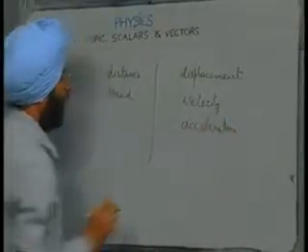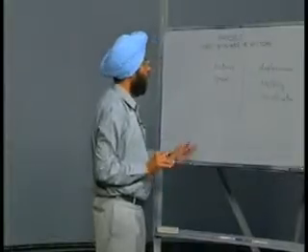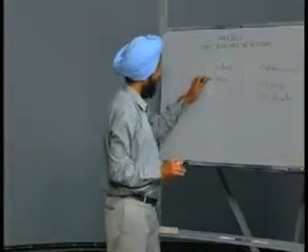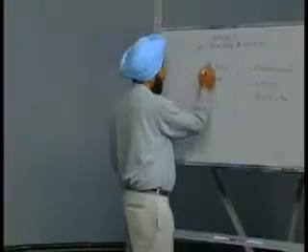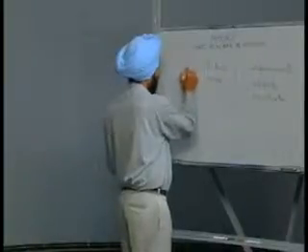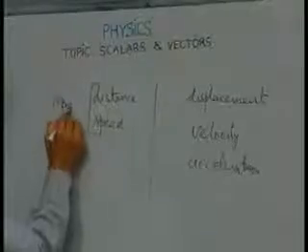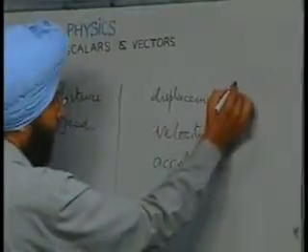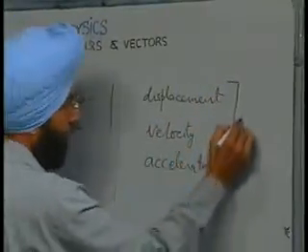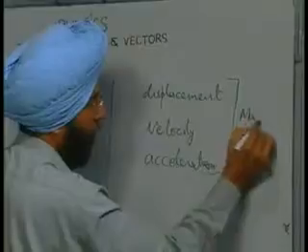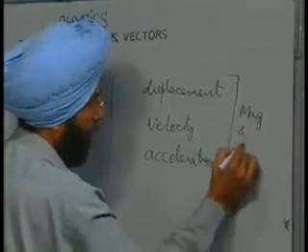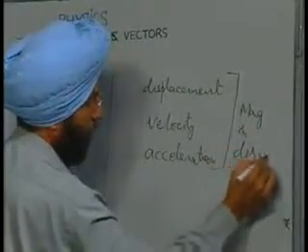We can divide these quantities into two classes. Distance and speed need only magnitude. Displacement, velocity, acceleration along with magnitude, they need direction also.